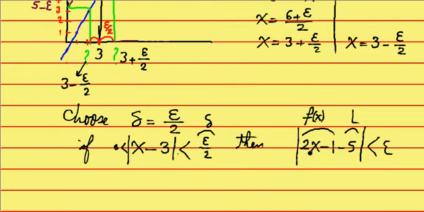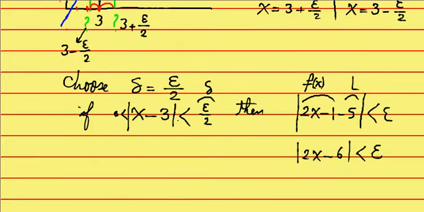Let's go ahead and simplify this. It is saying that the absolute value of 2x minus 6 is less than epsilon. Is it true that when the absolute value of x minus 3 is less than epsilon over 2, then 2x minus 6 will be less than epsilon? Is that true? Yes, it is true. Why?